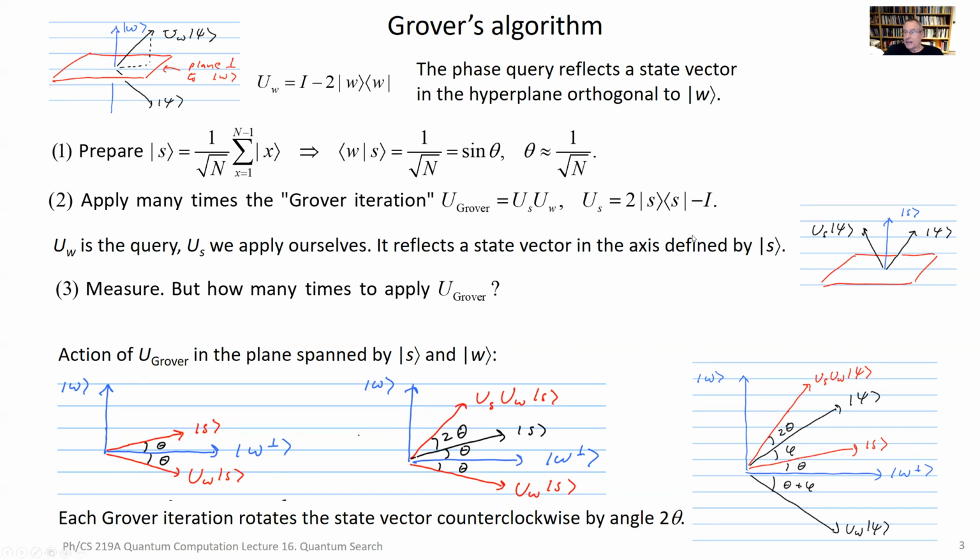So you can think of this as the result of conjugating the projection onto 0 minus identity by that unitary that maps the state 0 to the state S. Conjugating meaning U times the operator 2 projection onto 0 minus 1 times U adjoint, okay?